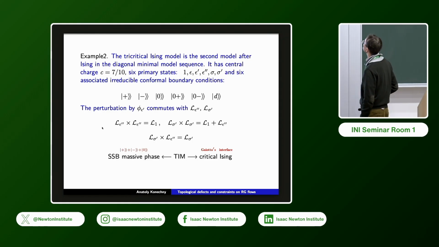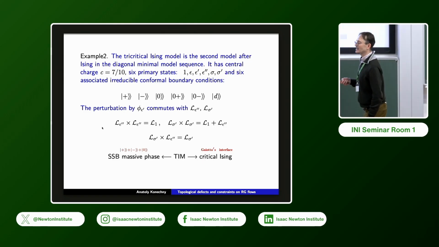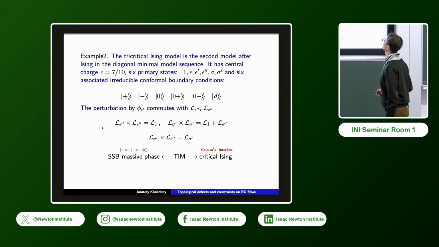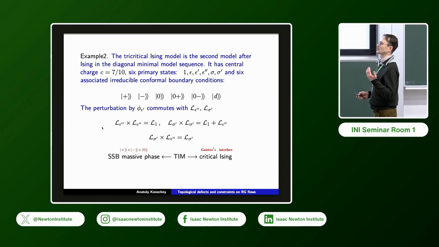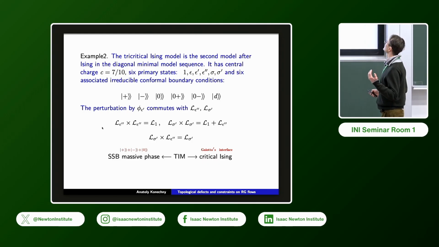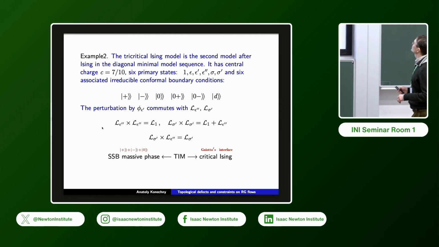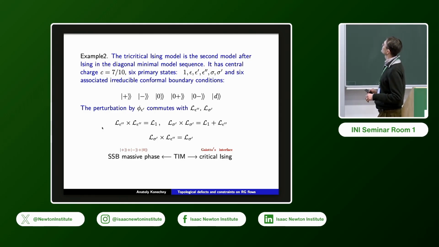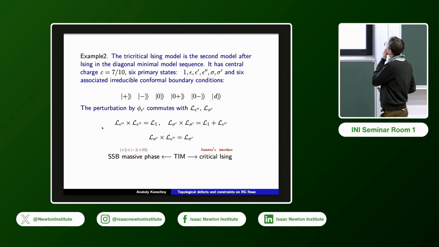There are 6 primary states and there are 6 boundary conditions, which in the Blume-Capel language of the lattice theory, where you have your discrete parameter, which is either +1, -1, or 0, you can show that you get these boundary conditions.